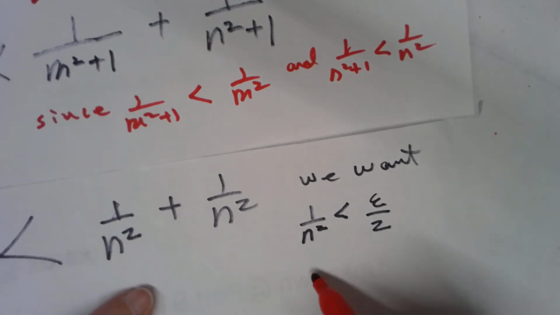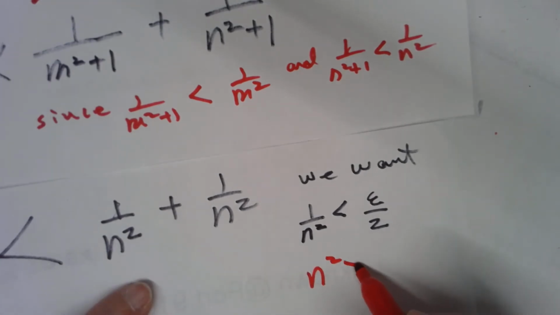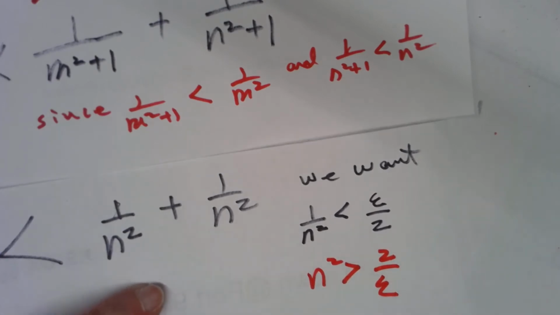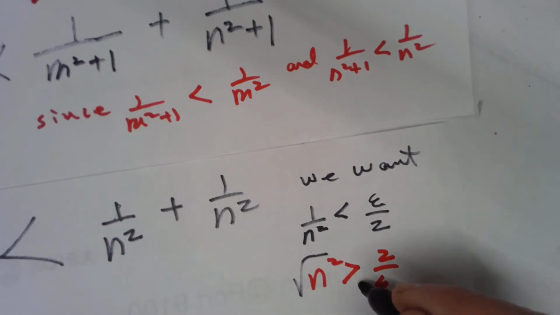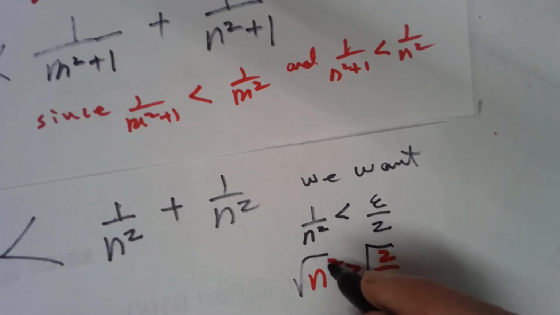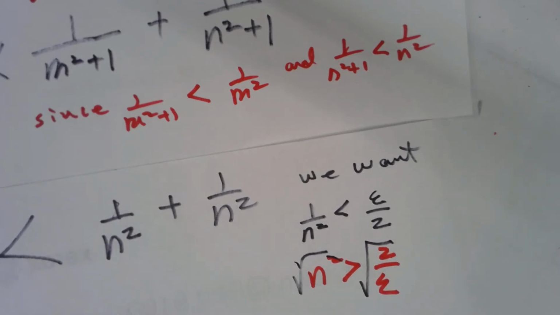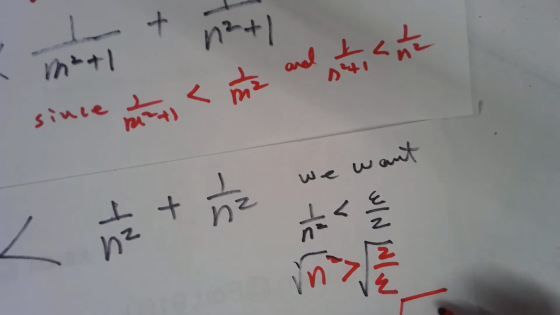So this becomes n squared is greater than 2 over epsilon. And then we can apply the square root, and the square and square root cancel each other out, they're inverses, and we get n is greater than plus or minus the square root of 2 over epsilon.